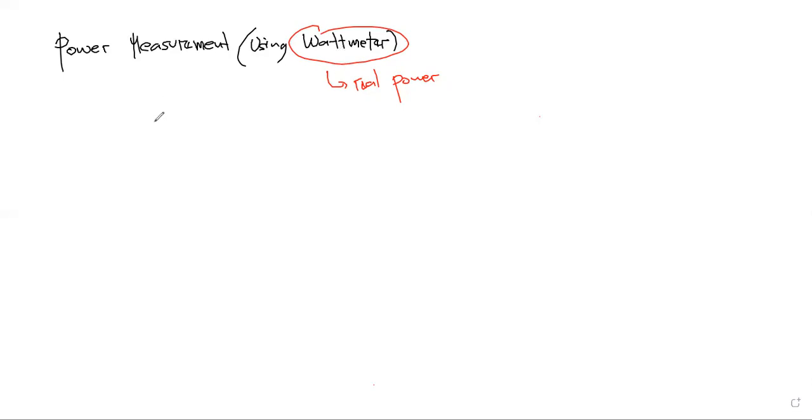A wattmeter consists of two components. One is what we call the current coil, and the second one is the potential coil.